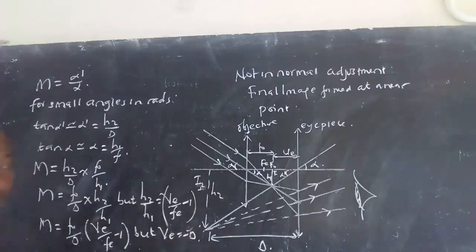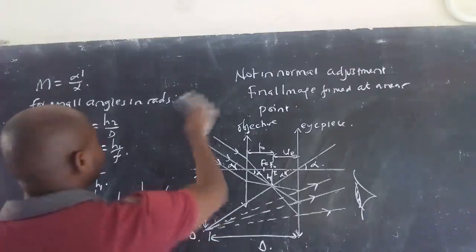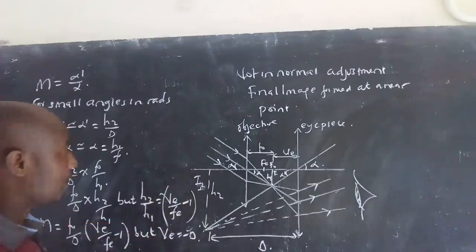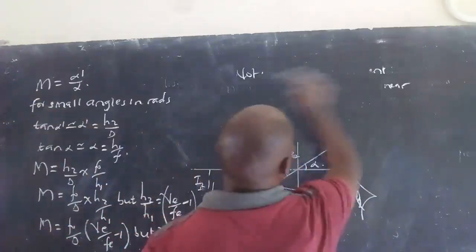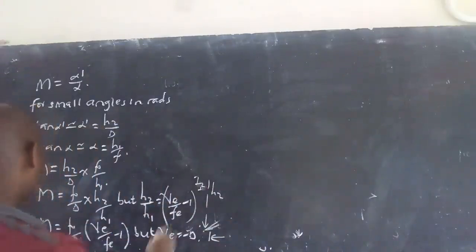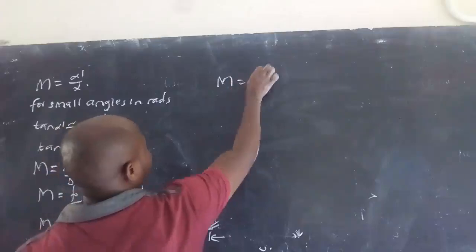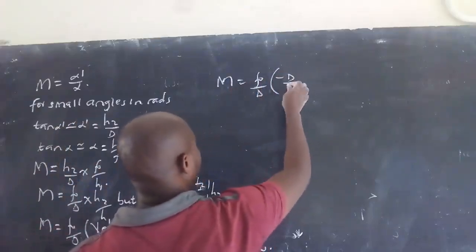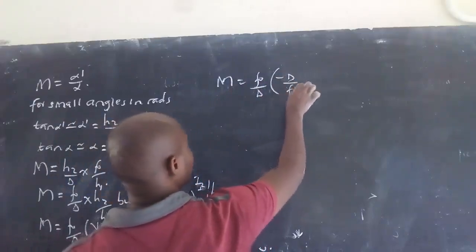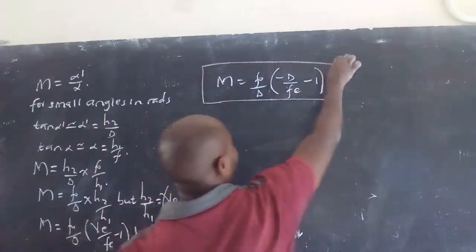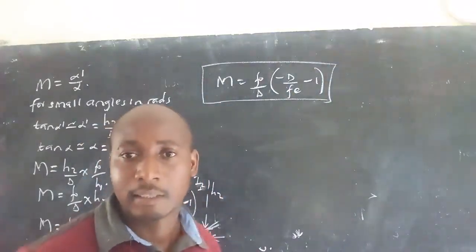D. So that means our magnifying power M will become F0 over D into negative D over FE minus 1. Very important equation.